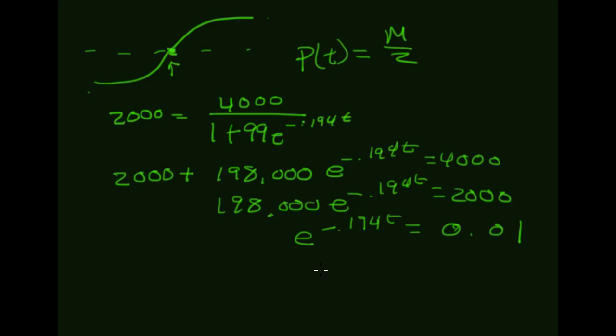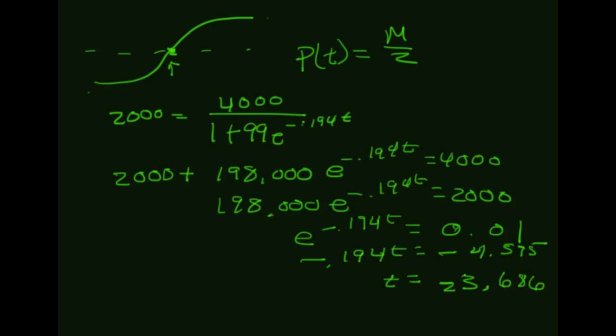What do we got going on here? We take the logarithm, right? So negative 0.194t is going to be about negative 4.595, which means that t is about 23.686.